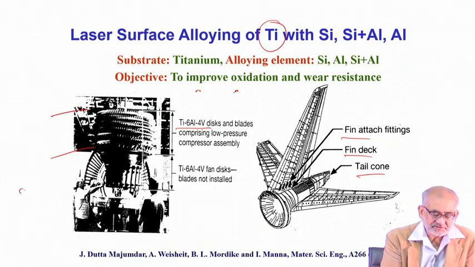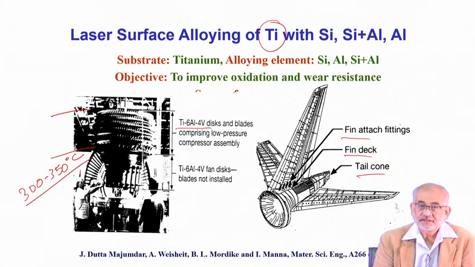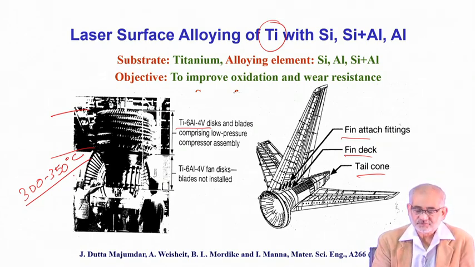The standard temperature it can easily withstand would be as high as 300-350 degrees centigrade. The question was, if you can compress more air through the compressor and feed more air to the nozzle where the combustion is taking place, then the thrust you develop will be higher, and with higher thrust you can fly longer, consuming the same volume of fuel.